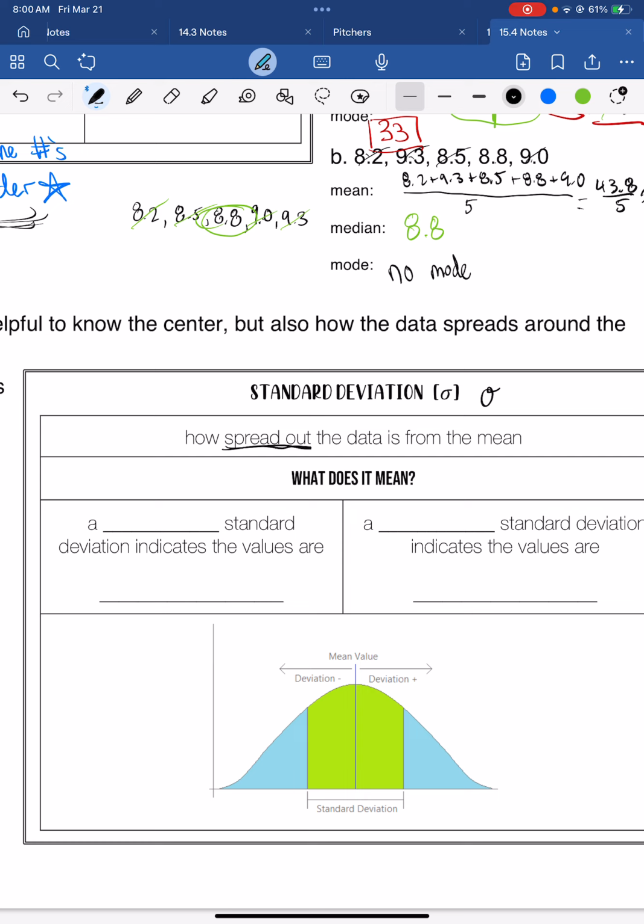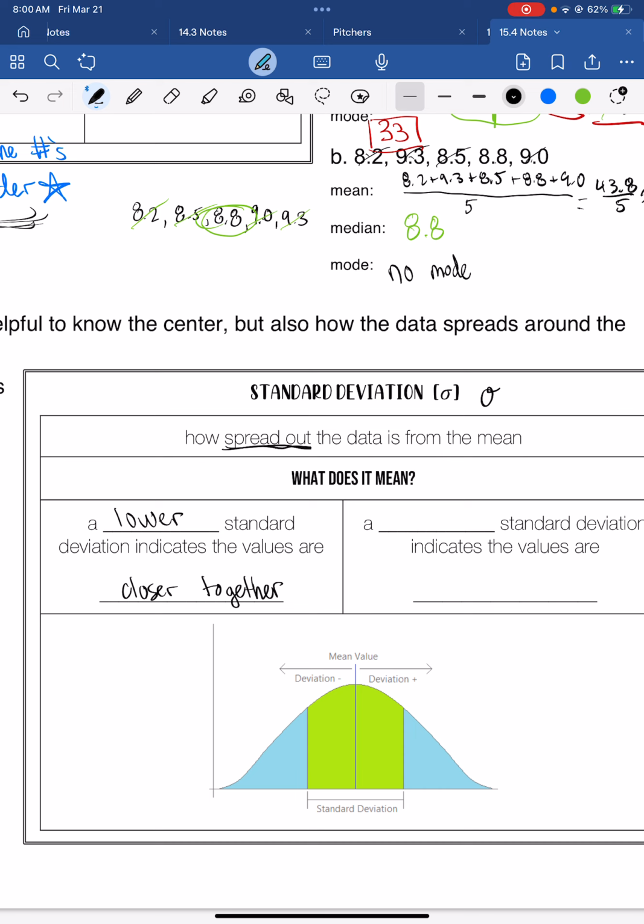Is it close to your average or your median, or is it spread out kind of far? So what this means is a lower standard deviation, a lower number as your standard deviation, indicates that the values are closer together. They're less spread out. So deviation means like how far away is it? And so when there's a lower number, it means they're not as far away.